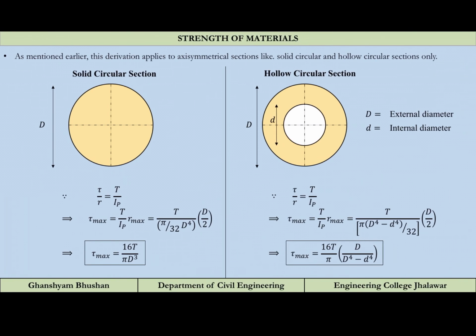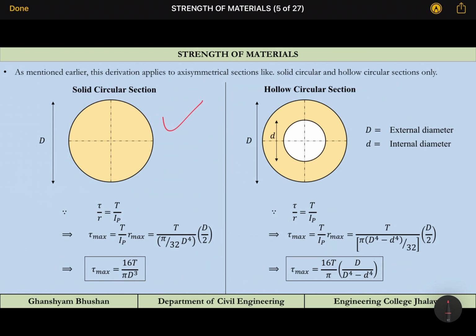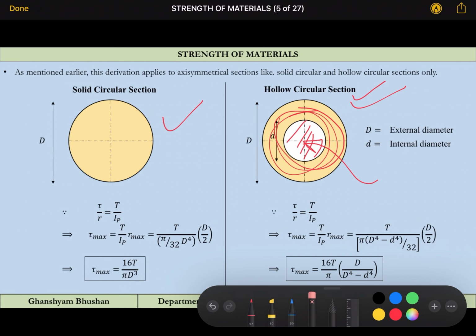Okay, now let us try to derive a very interesting equation of the maximum shear stress developed. So two cases are possible, either it will be a solid circular section or a hollow circular section. So hollow means here nothing is there, it is a void, only this yellow region is the solid portion.